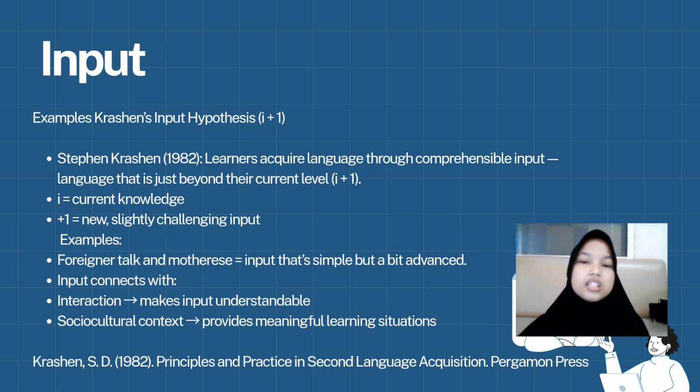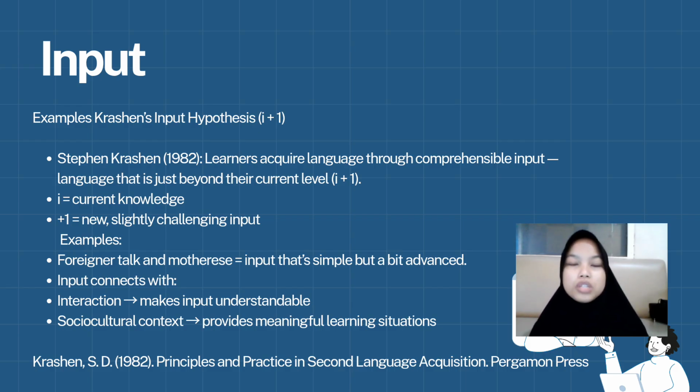This is the theory that I got. This is Stephen Krashen's, in 1982. He has a theory called comprehensible input, which has the idea of i plus one.